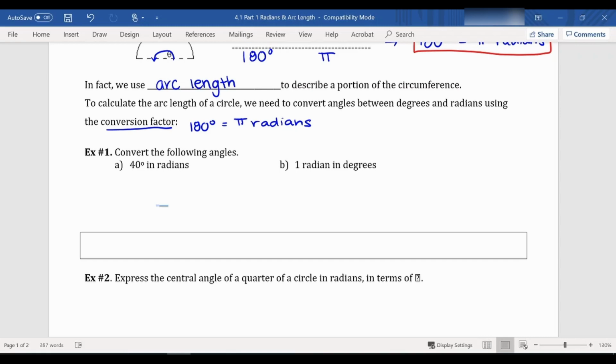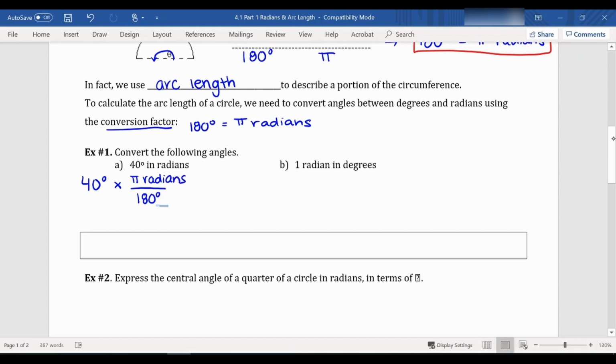So our first question here, we are asked to convert 40 degrees into radians. So I already have degrees and I want radians. So this means I'm going to take my 40 degrees and I'm going to multiply it by a conversion factor turned into a fraction. My 180 degrees is going on the bottom because the degrees are the units I already have. And my pi radians are going to go on the top because radians are the units I want.